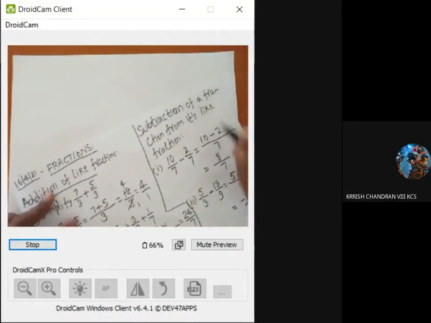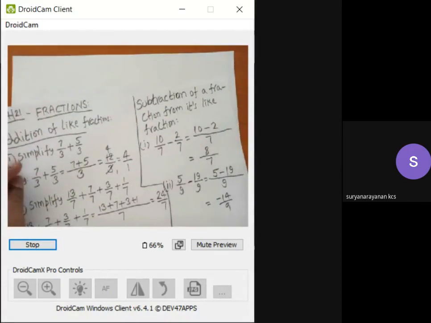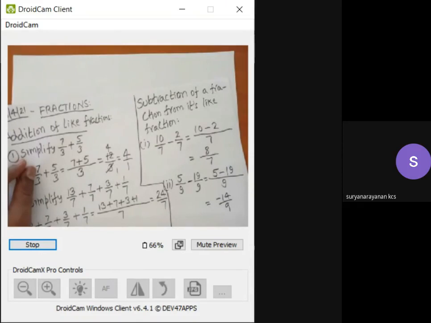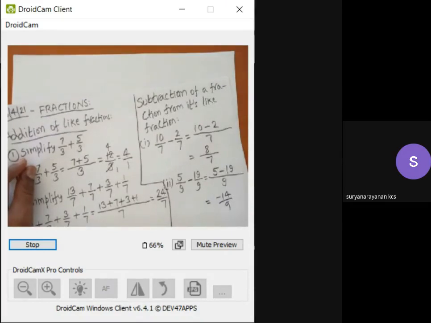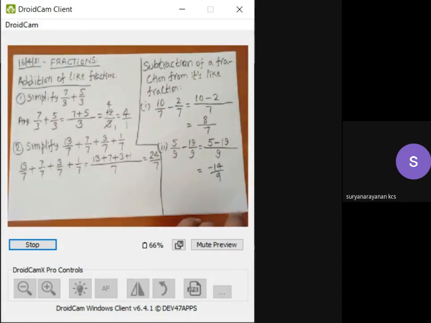Sir, show the last page, sir. What, my dear Krish? Do you want to say something? See, I will post this page in the form of PDF in the Google Classroom as I'm posting every day.